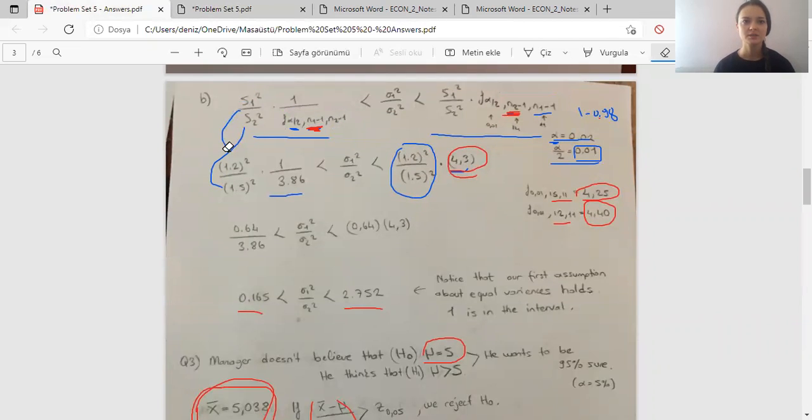Yes, this formula. You see the value 1 over 3.86 is the left part of the inequality, and 4.3 we got, right? So how are those different in the formula?